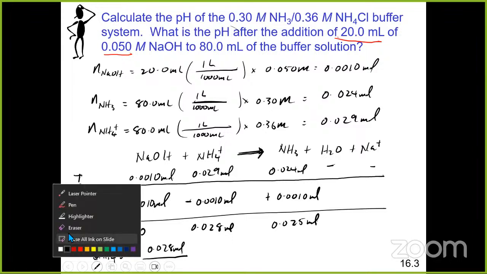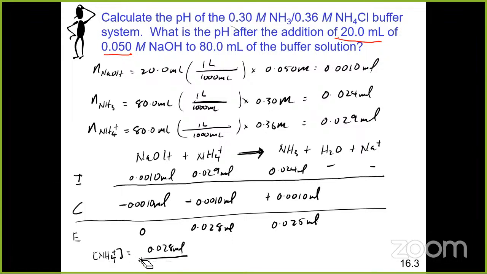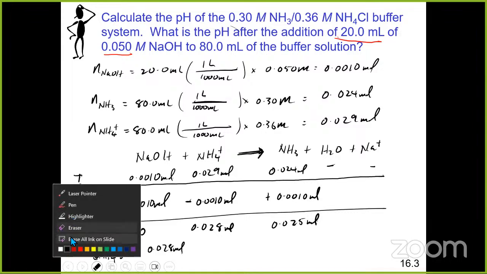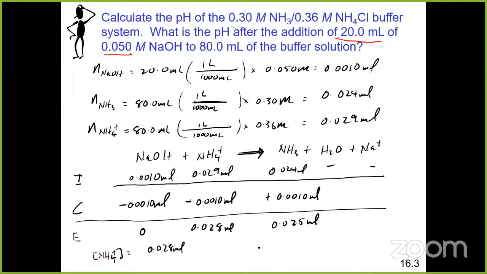The volume results from adding 20 mL of the sodium hydroxide to 80 mL of the buffer solution. So what does that mean? That means that the volume would be 80 plus 20, which is equal to 100 mL. So you're going to have 100.0 mL here, which you have to convert to liters. 1 liter over 1,000 mL. So let's see what that gives.